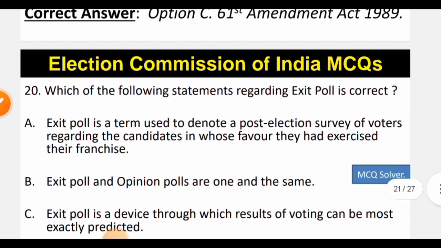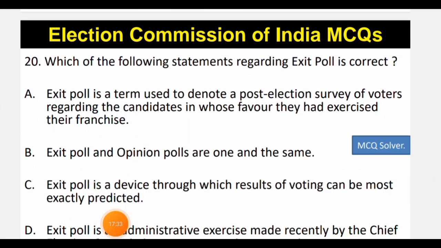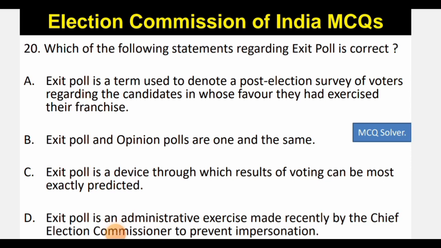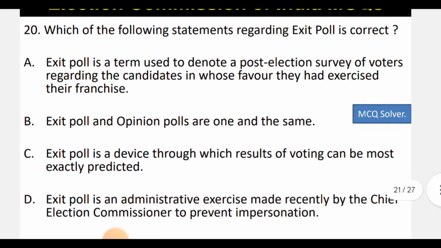Now let's move to question number 20. Which of the following statements regarding exit poll is correct? Now let's look into the statements. Statement A, exit poll is a term used to denote a post-election survey of voters regarding the candidates in whose favor they had exercised the franchise.